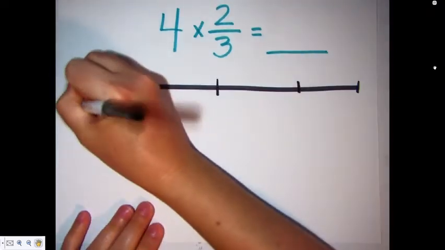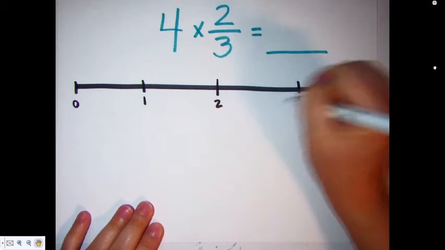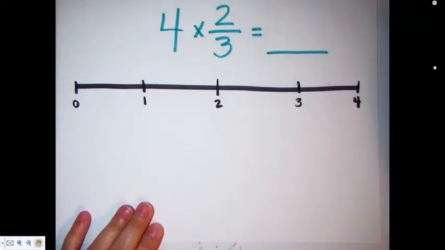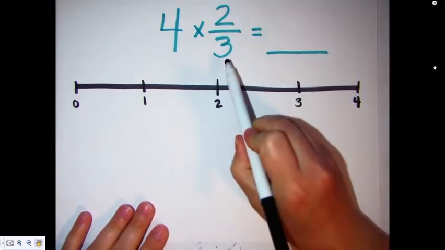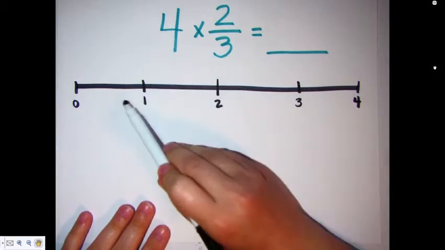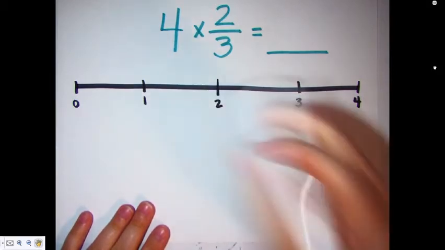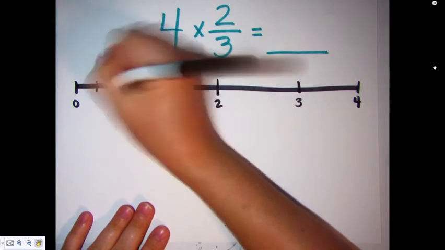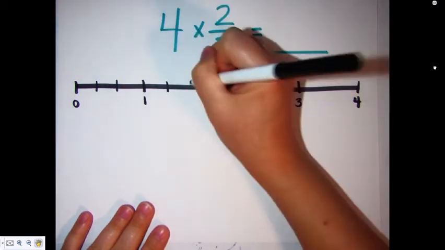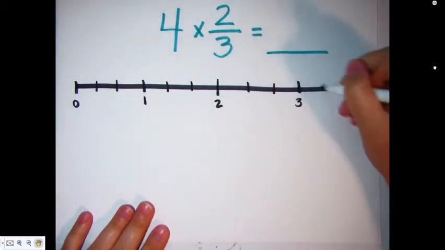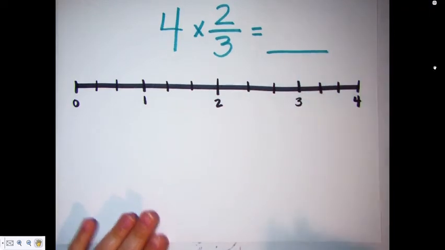So I can label this 0, 1, 2, 3, 4. And I know that I'm working with thirds. So each group or each whole, I'm going to split into thirds. This will make it easier for me to jump on it when I'm doing my repeated addition, because we did say that we can use multiplying fractions just like repeated addition.